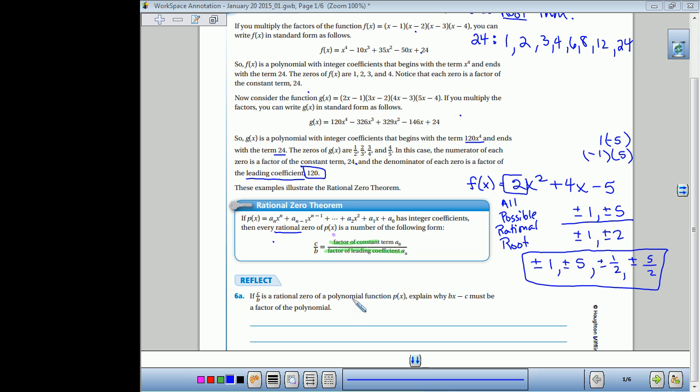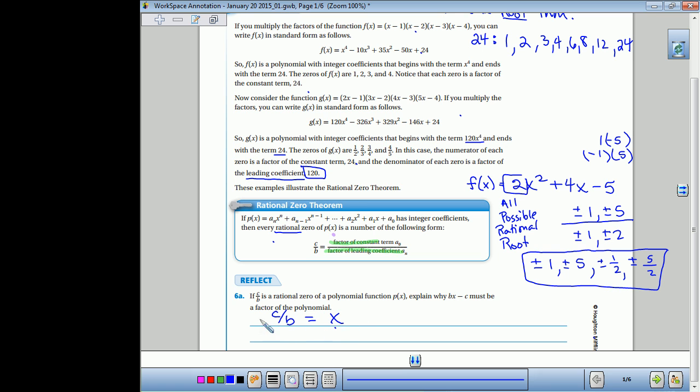Alright, so if c over b is a rational zero of a polynomial function p of x, explain why bx minus c must be a factor. If this is a rational zero, then c over b has to equal x, because that's where we get our rational zeros from, when we say x equals 2, x equals 3, x equals whatever.